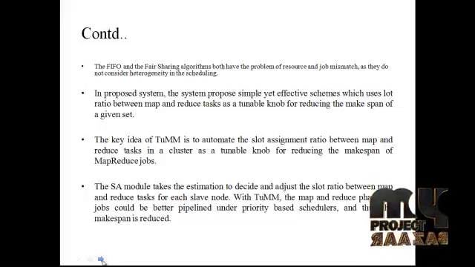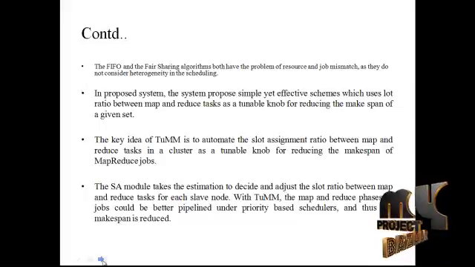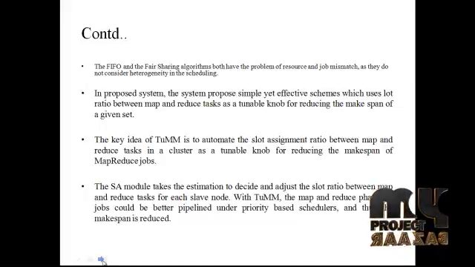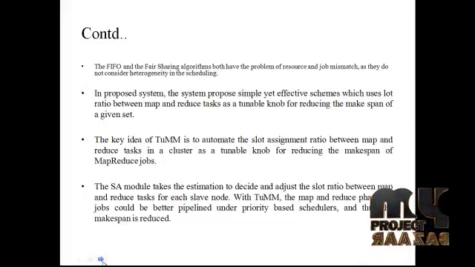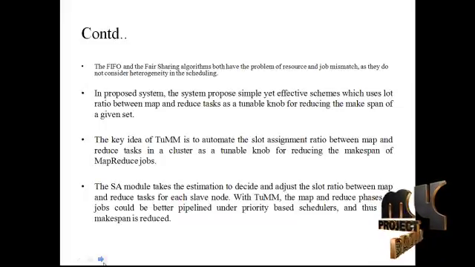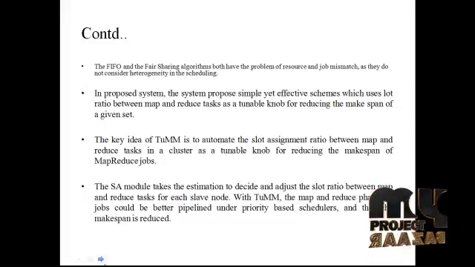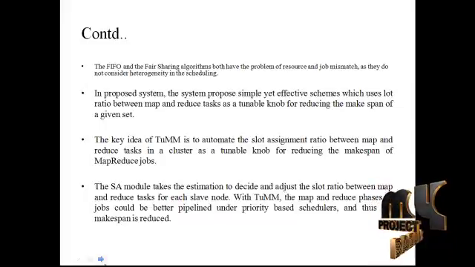So for this, the proposed system proposes simple yet effective schemes which use the slot ratio between map and reduce tasks as a tunable knob for reducing the makespan of a given set of jobs. The key idea of TUMM is to automate the slot configuration ratio between map and reduce tasks in a cluster as a tunable knob for reducing the makespan of MapReduce jobs.